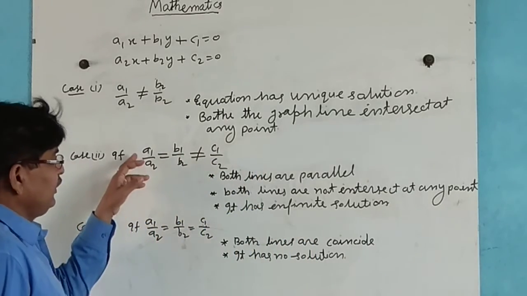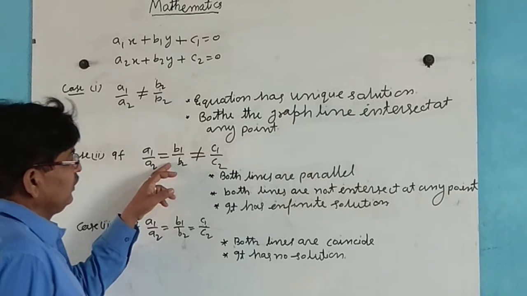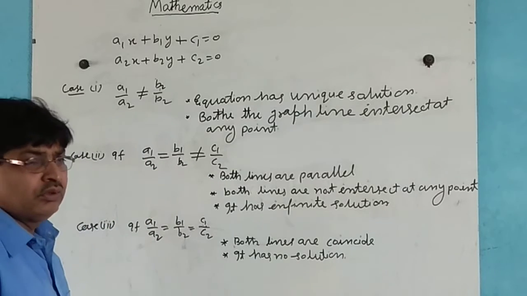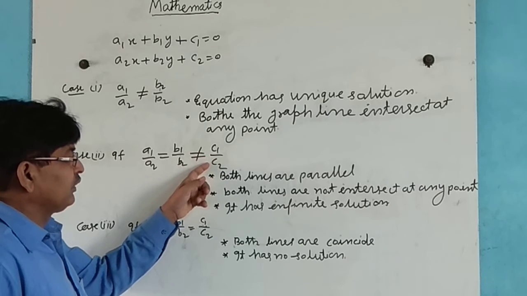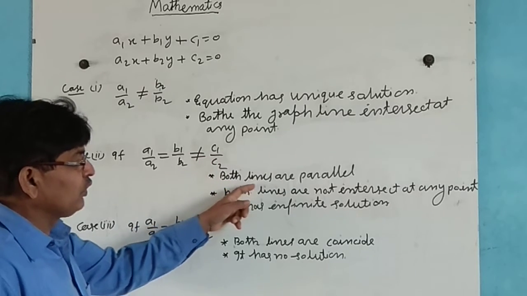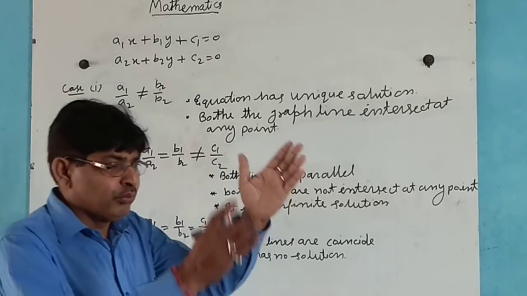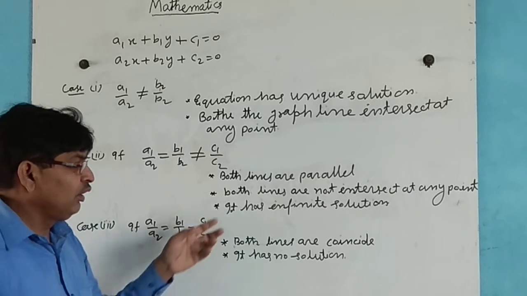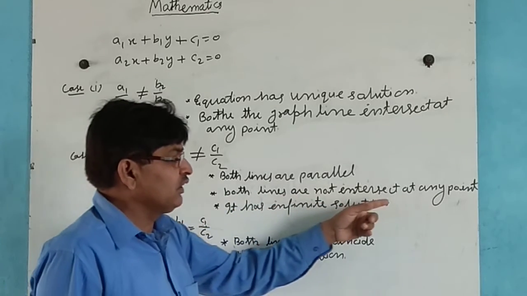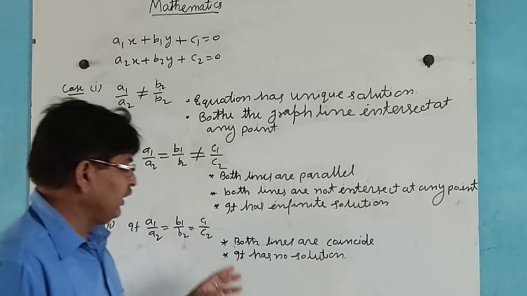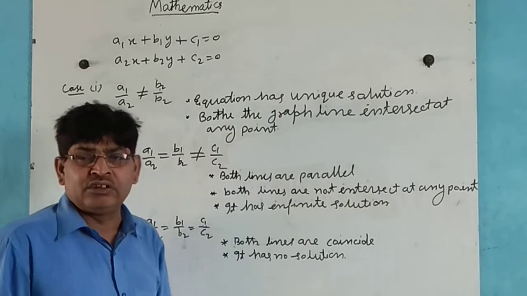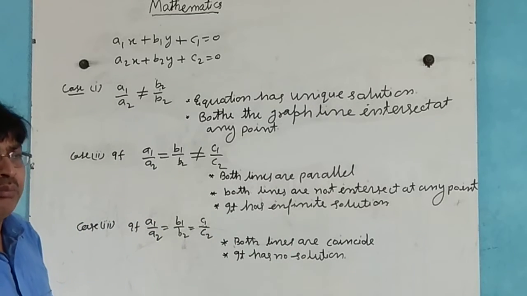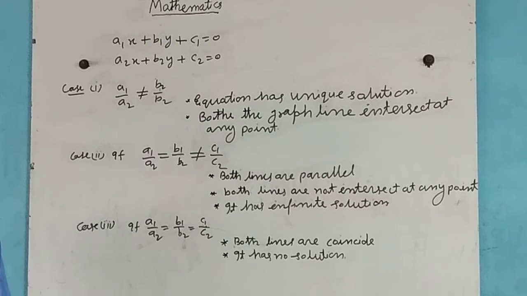Second case, if a1 by a2 equal to b1 by b2 does not equal to c1 by c2. In this case, both lines are parallel. Both lines do not intersect at any point, and it has infinite solutions. The values of x and y are infinite.